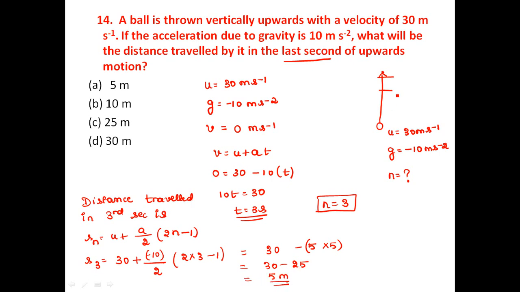The object has moved a distance of 5 meter at the third second. It is not t is equal to 3 seconds, it is n is equal to 3. Which is the correct option from the given 4 options? It is option A, 5 meter.